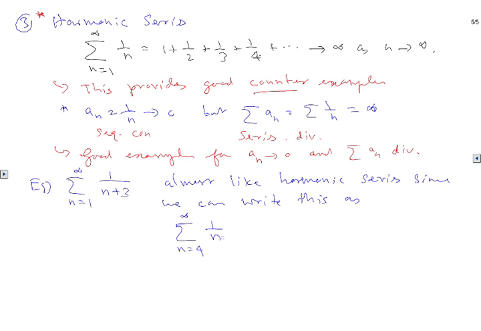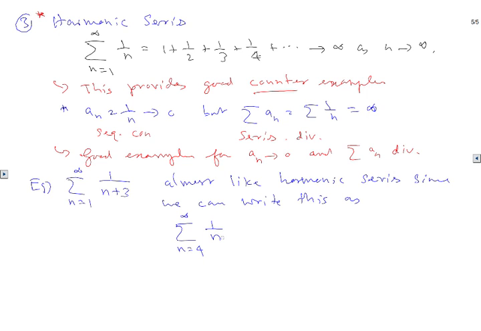You see that? When you write sigma n going from 4, you get the exact same thing, because when you plug in n equals 1, you get the previous one. So this is not exactly the harmonic series because we miss the first 3 terms. They have a close resemblance, but it's not exactly the same.